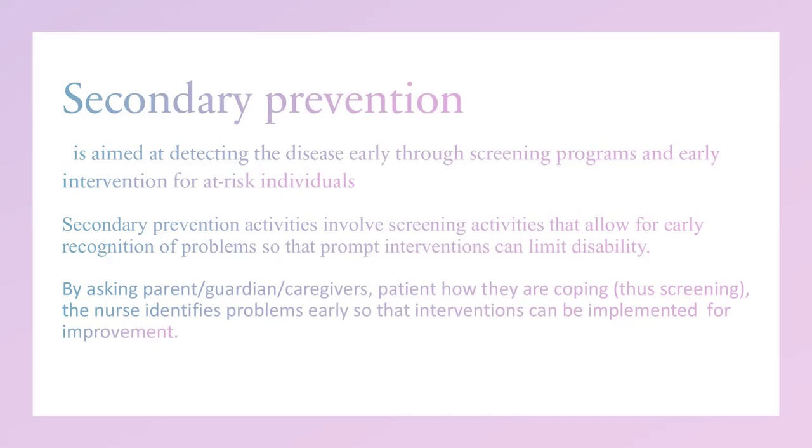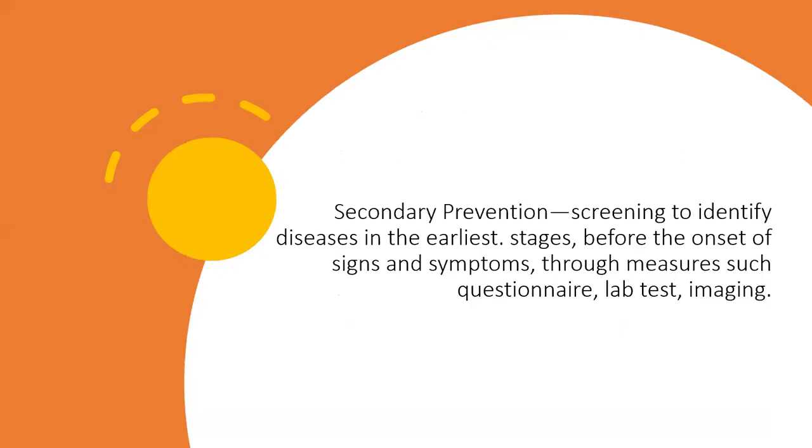Whether or not we're screening for hypertension when we're doing that blood pressure measurement, that mammogram. And secondary can be in the form of a questionnaire. Secondary prevention, screening to identify diseases in the earliest stages before the onset of signs and symptoms. And how do we do that? We ask questions.